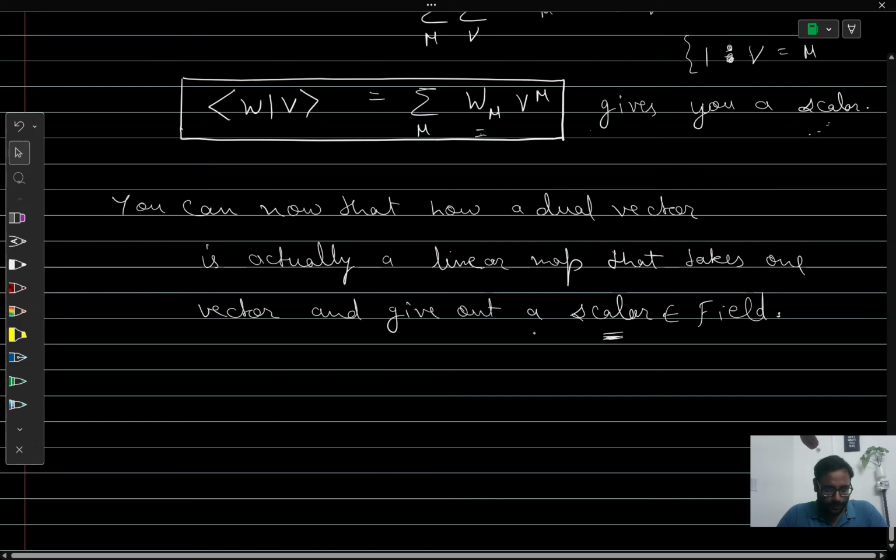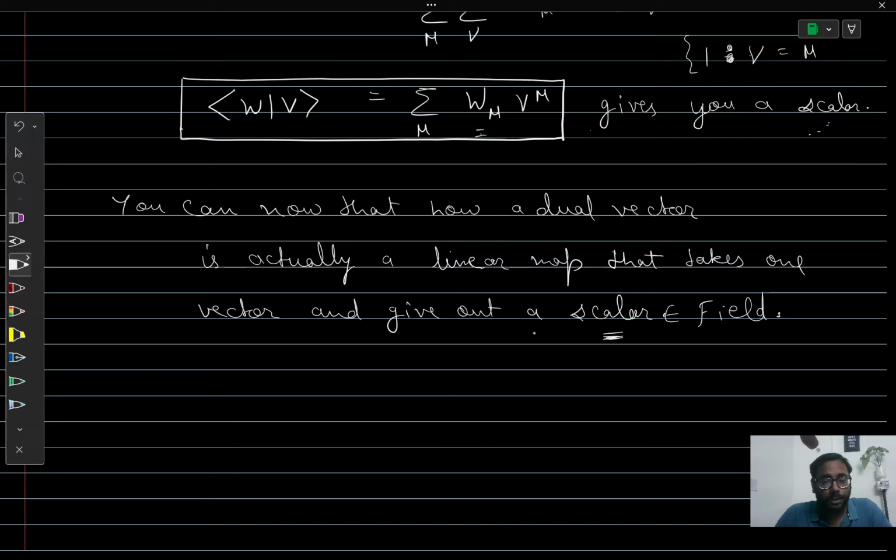That's it. And oh yeah, one more thing: geometrically, how can you interpret this?